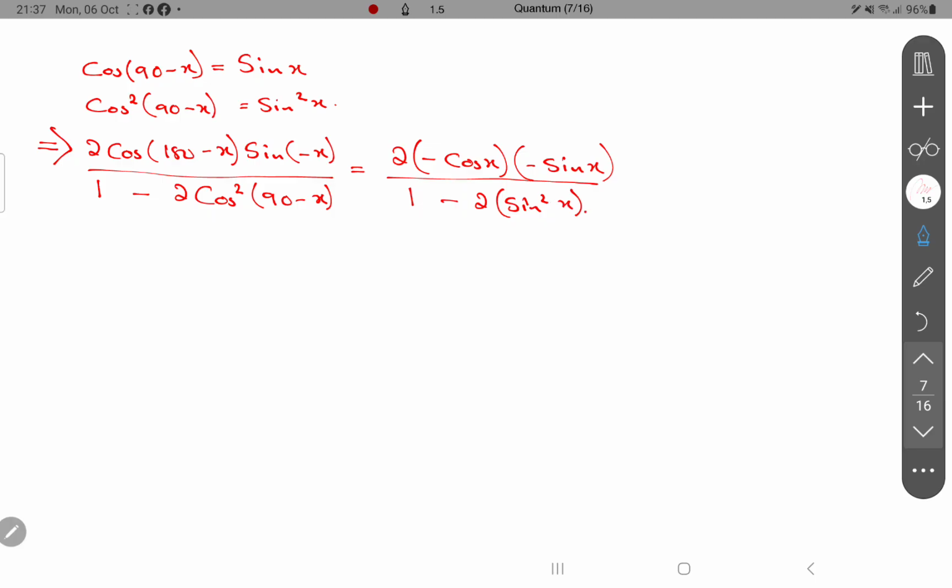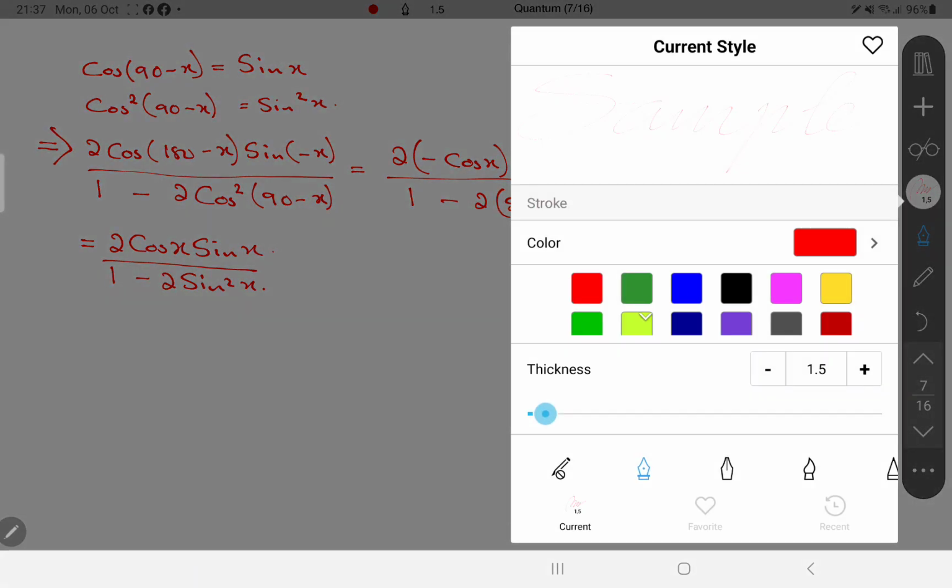Everything I replace, I put in a bracket. So this automatically becomes 2 cos x sine x all over 1 minus 2 sine squared x.